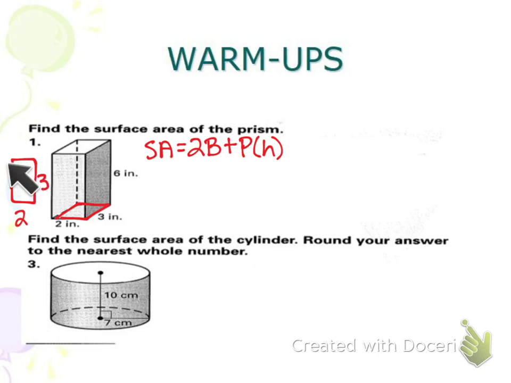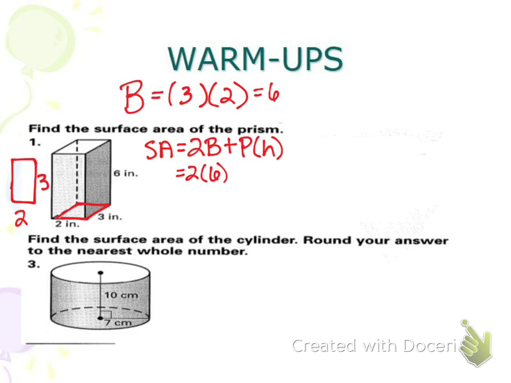So if our base is a rectangle, how do we find its area? Base times height. So capital B could be found by taking what times what? 3 times what? 2. So our capital B in this problem equals 6.